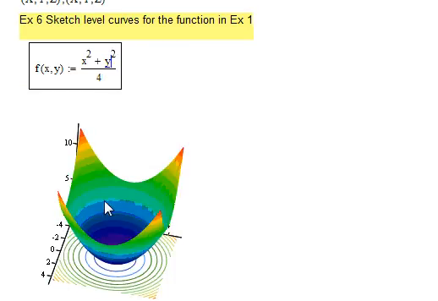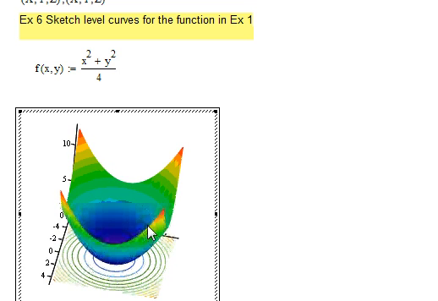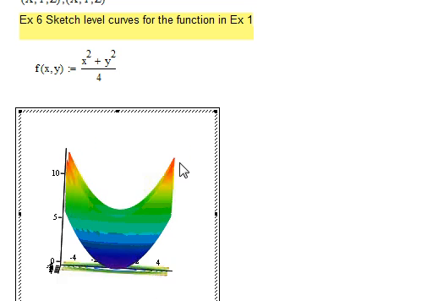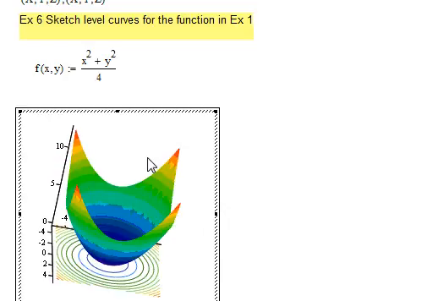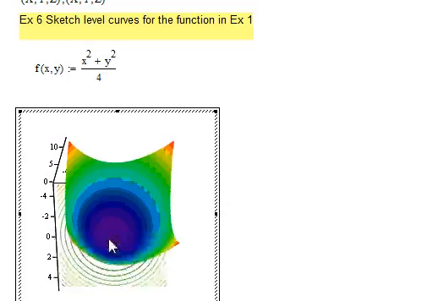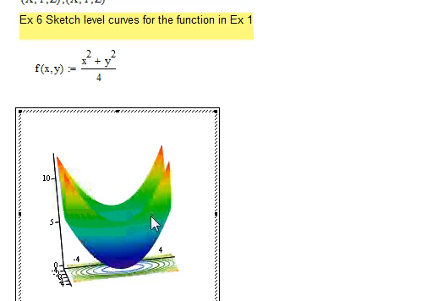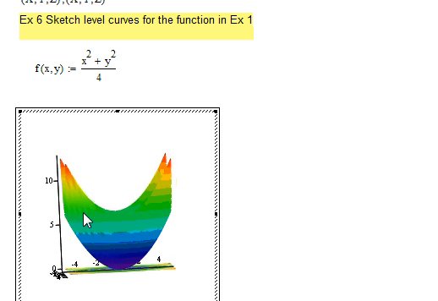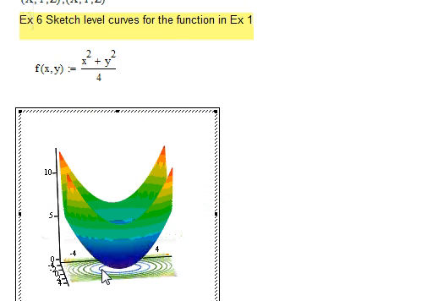And here it is. Now, I know I have a little different coloration on it this time, but you know, if you let z equal 1, then we got 1 equals x squared plus y squared over 4, and then the level curve would be the circle. 4 equals x squared plus y squared, so it would be the circle, radius 2, center at the origin. So for z equals 1 down here, our level curve would be this blue circle.